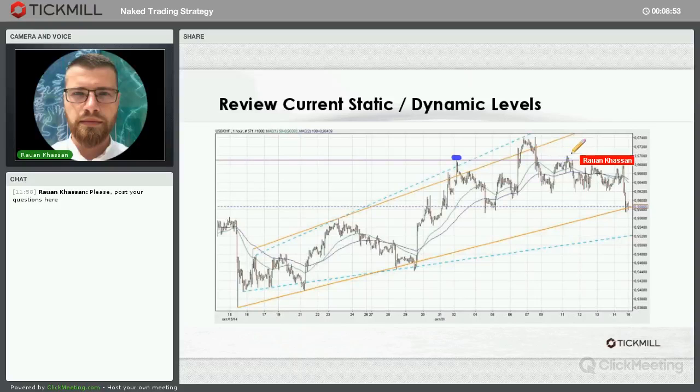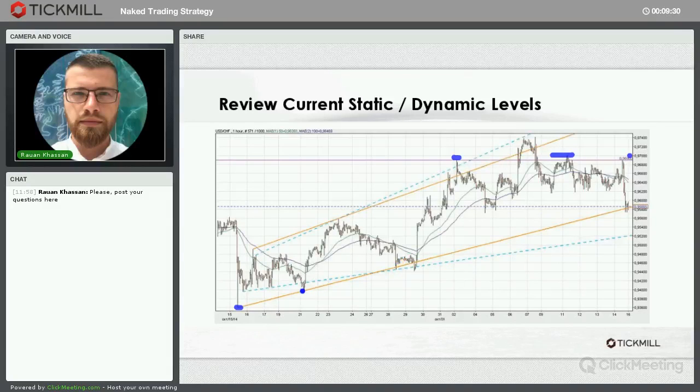It was tested a few times in the following days, but finally it has retraced back to, guess what, a dynamic level. This dynamic level is provided by an ascending dynamic trend line, which starts from the 15th date of the month and connects two minimum levels at point 0.9360 and also 0.94 exactly.